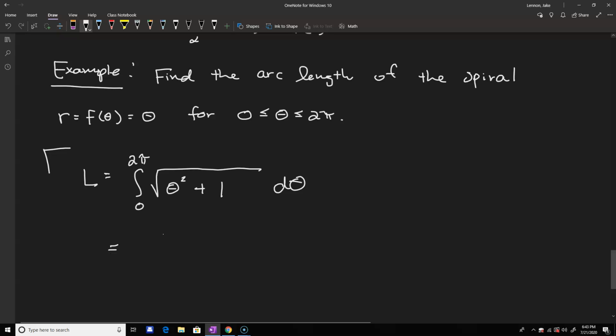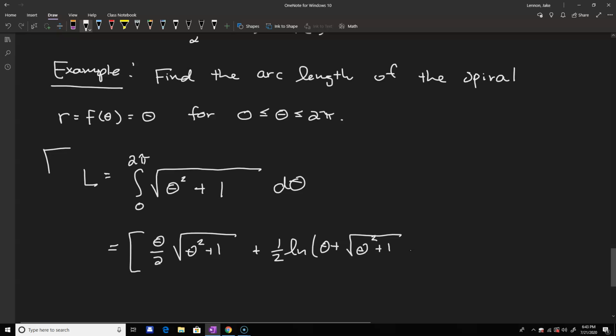But anyway, the antiderivative of this is going to look like theta over 2 times the square root of theta squared plus 1 plus 1/2 the natural log of theta plus the square root of theta squared plus 1, going from 0 to 2 pi.